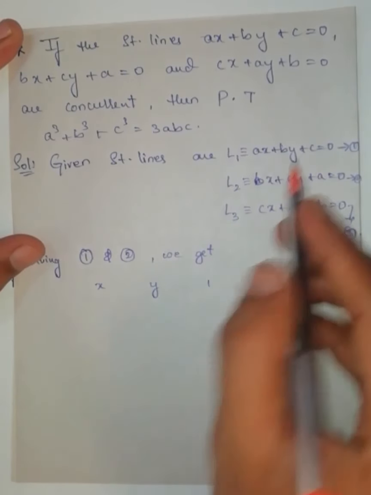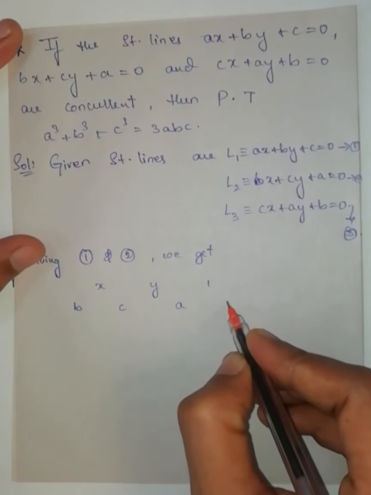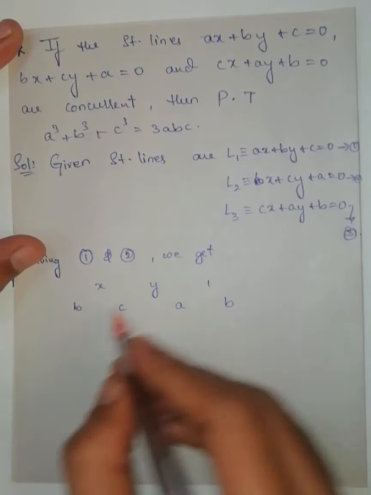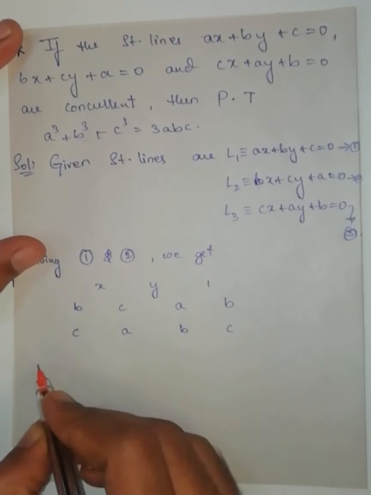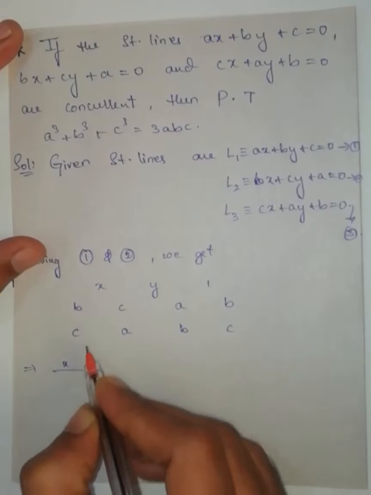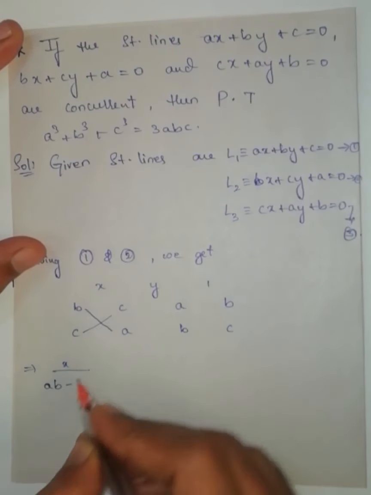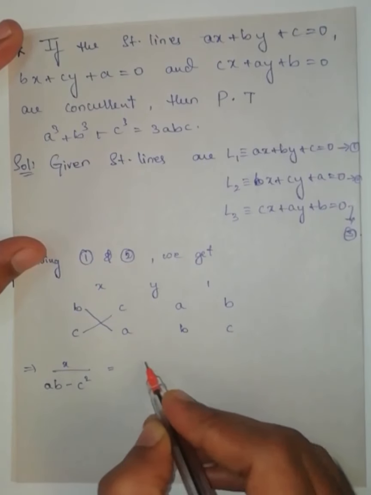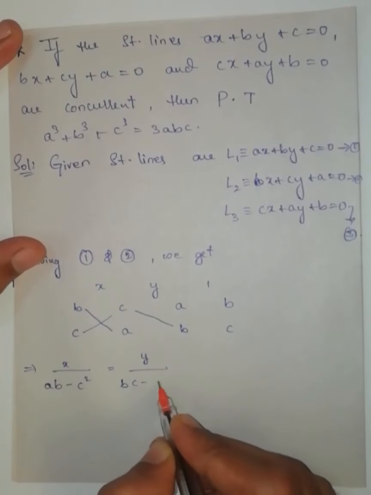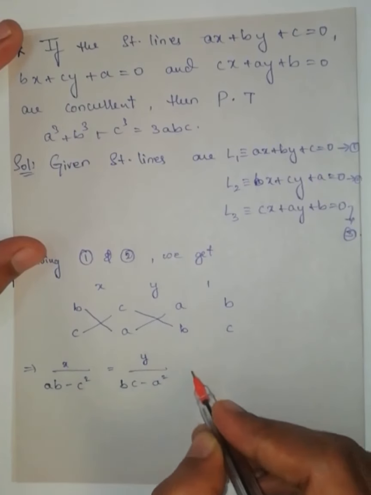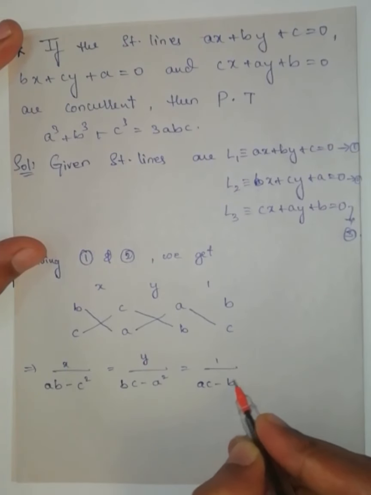From equation number 1, what I can write here? B, C, A, B. From equation number 2, C, A, B, C. This implies x by AB minus C square, y by BC minus A square, 1 by AC minus B square.